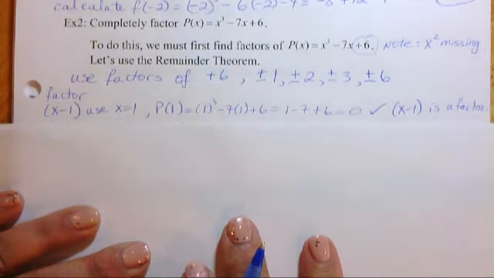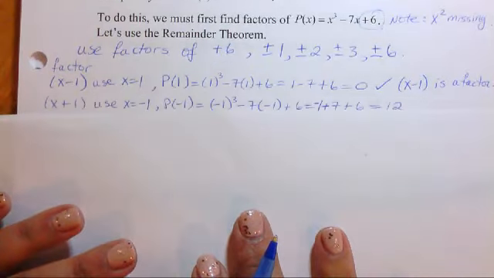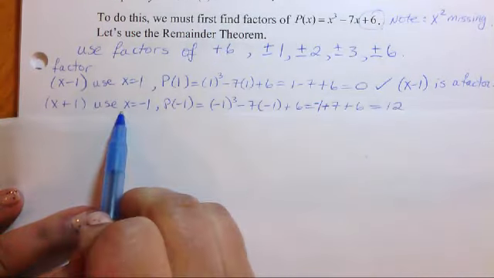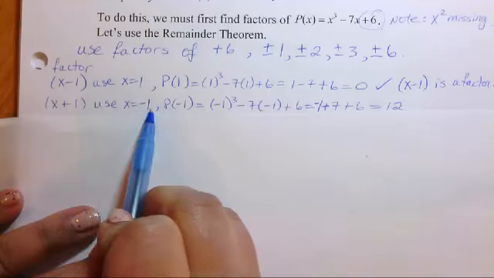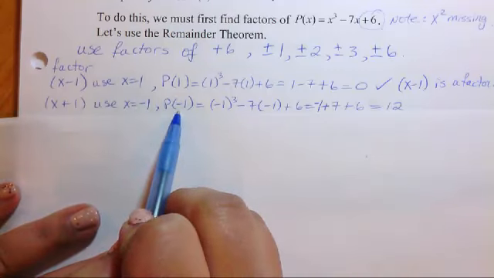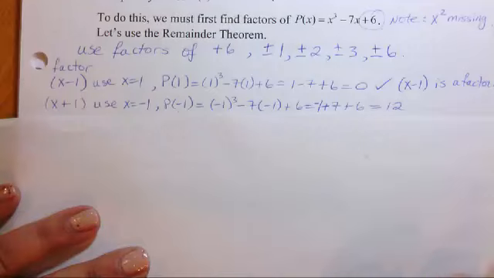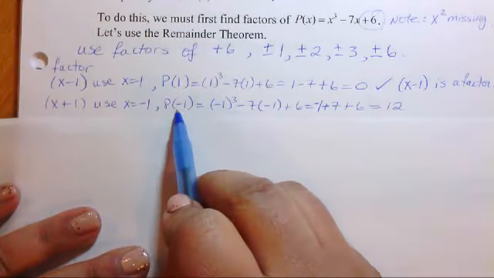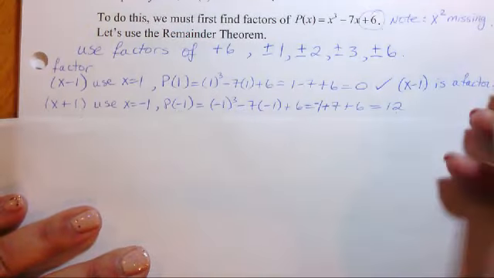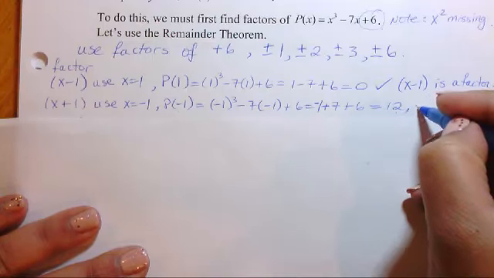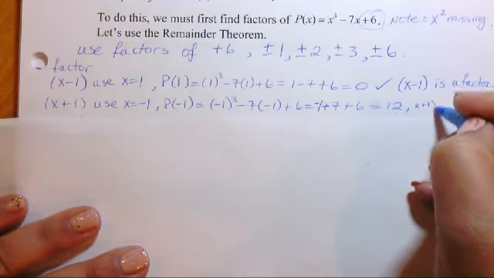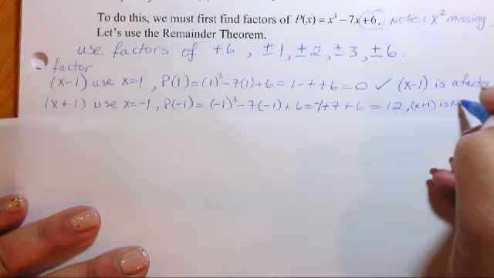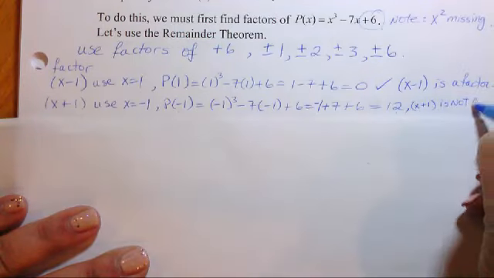All right, so next we're going to check x plus 1. We're going to use x equals negative 1, plugging that into our p of x, and we get that p of negative 1 is equal to 12. So that tells us x plus 1 is not a factor.